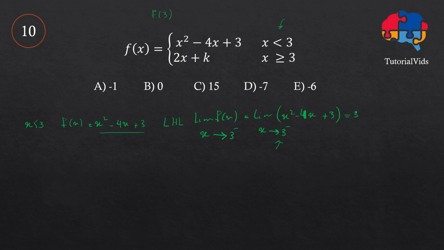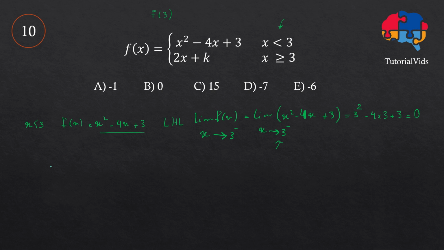So this limit equals 3 to the power of 2 minus 4 times 3 plus 3, and this equals 0. So the left-hand limit of f of x when x goes to 3 from the left equals 0.